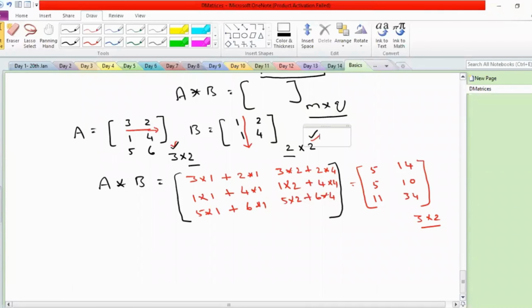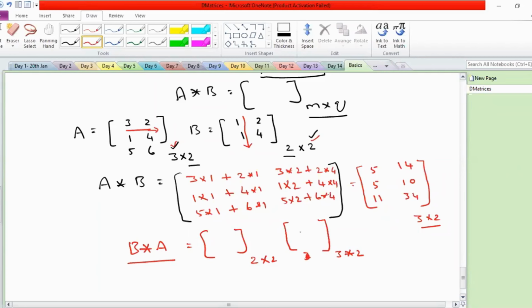Can you guys do B into A and tell me what is the answer? B star A. B is a 2 by 2 matrix. A is a 3 by 2 matrix.